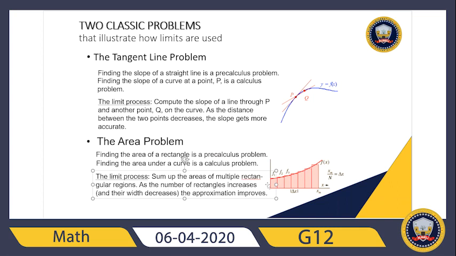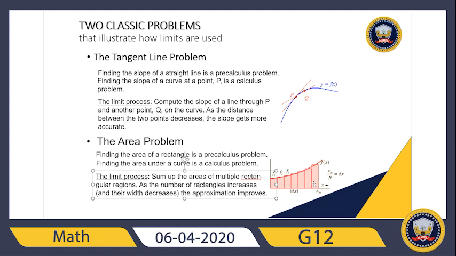As the number of rectangles increase and the width of these rectangles decreases, the approximation improves for the area of this function. So basically I need to make all these rectangles as small as I can, because I can get the area under this function.